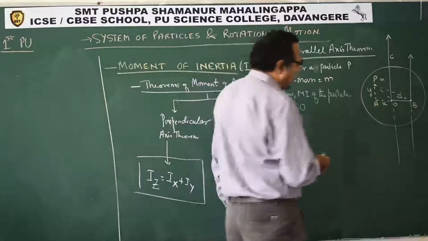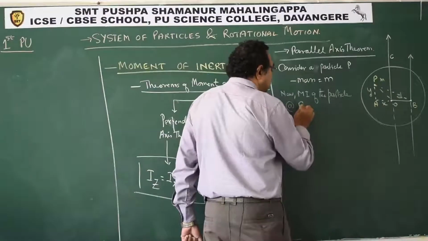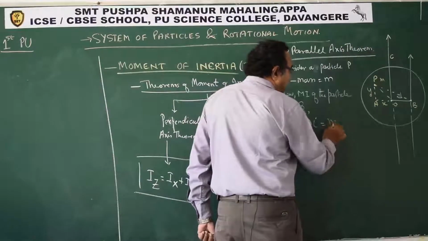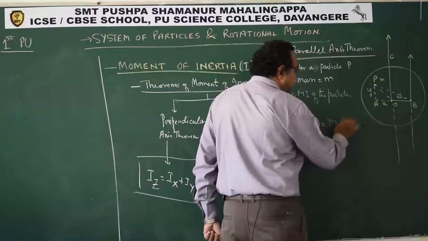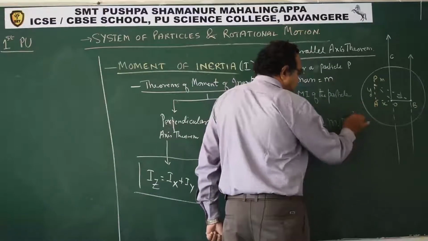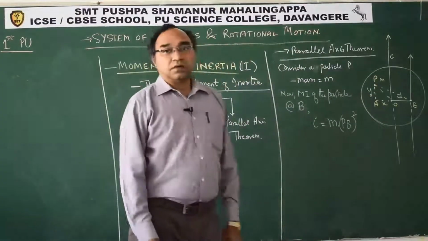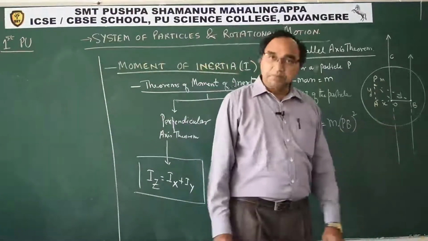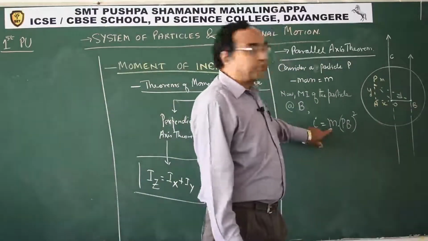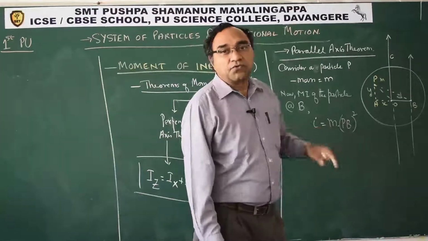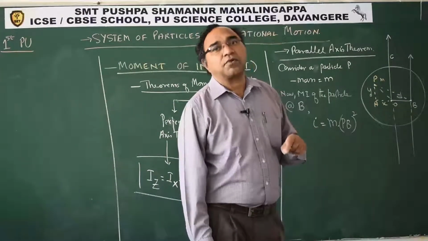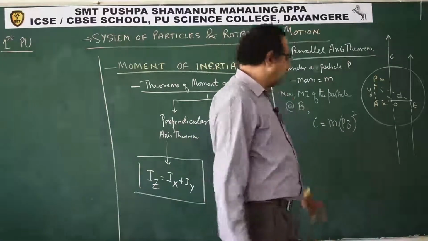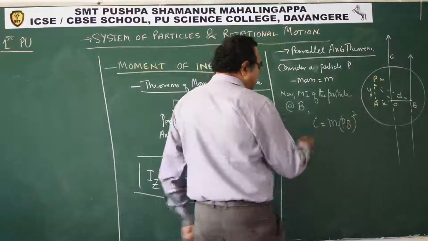Or if I want about B, we will call it mass of the particle times square of the distance, so it is m PB square. Because we are asked to find moment of inertia about an axis passing through B. So mass of the particle into square of the distance of the particle from the axis of rotation. This we know from the basic definition of moment of inertia. Now substitute the values.